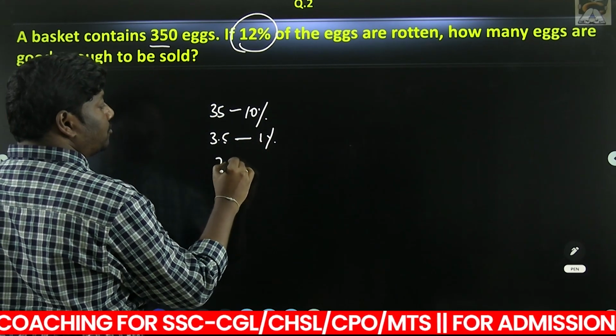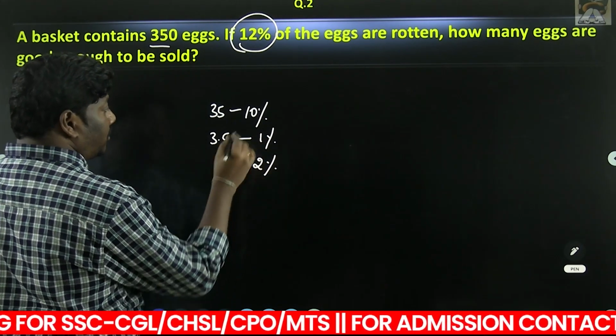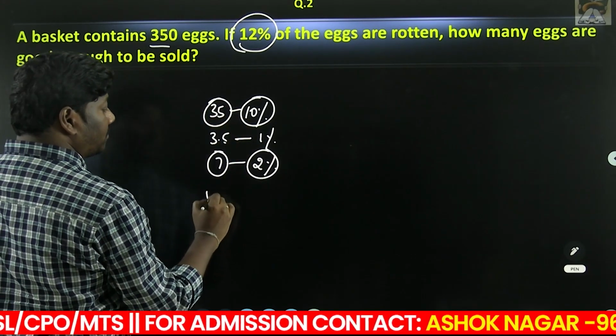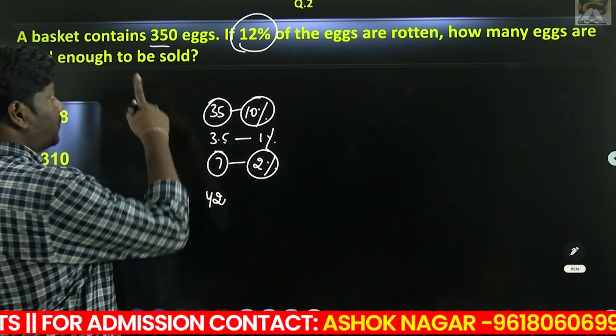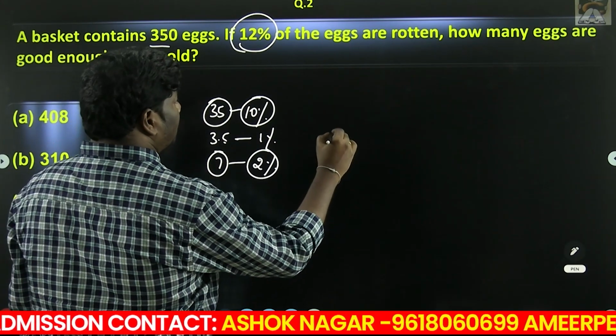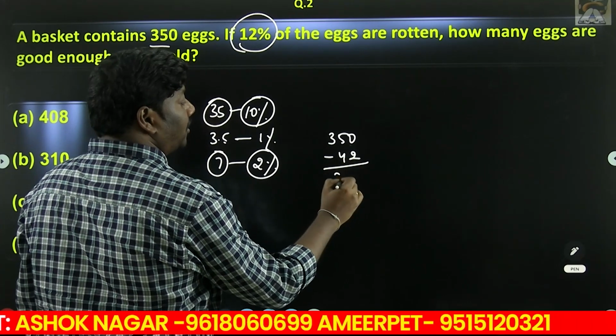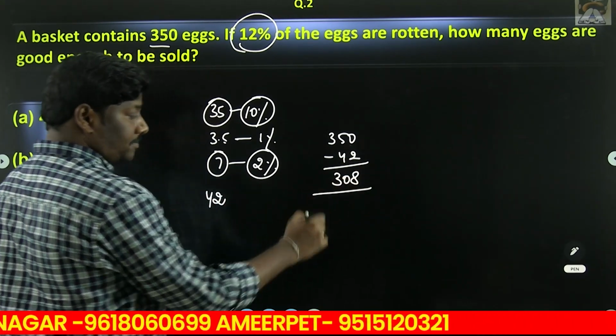Therefore, you can say 7 is 2%. Put together, 12% is 35 plus 7, 42. If 42 eggs were gone, the remaining is 350 minus 42. Therefore, you can say 308 eggs.